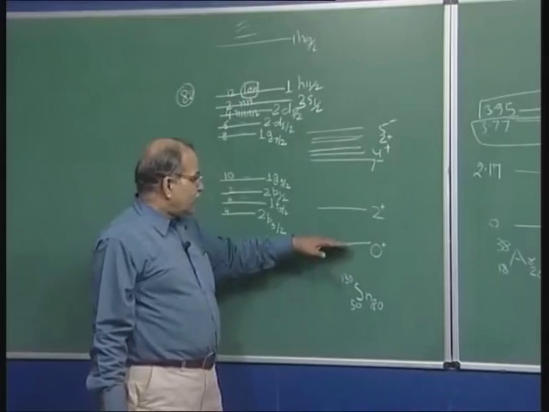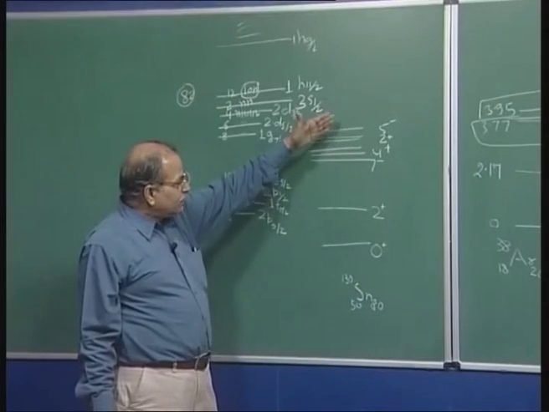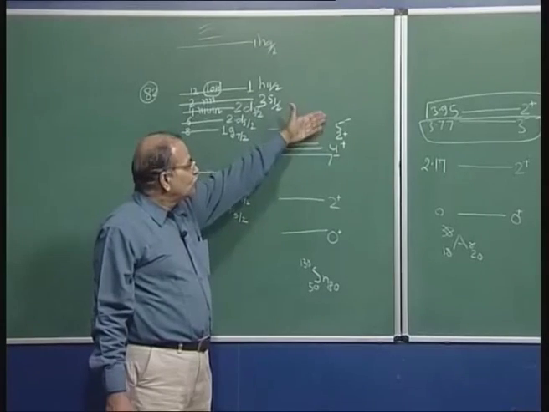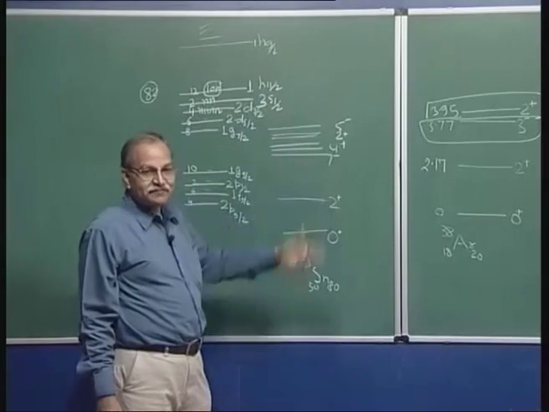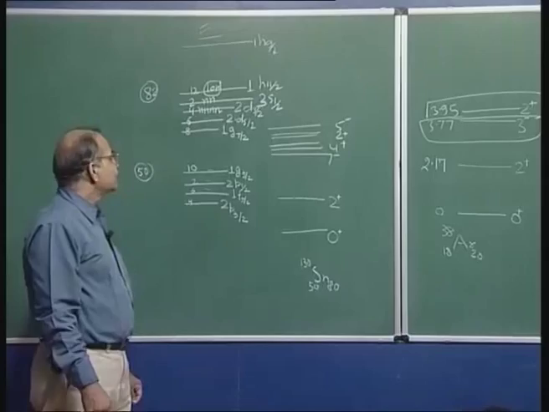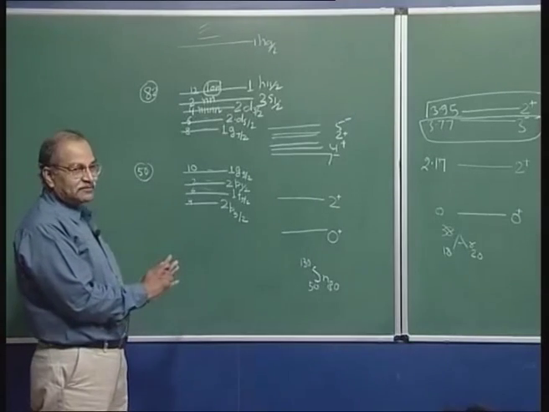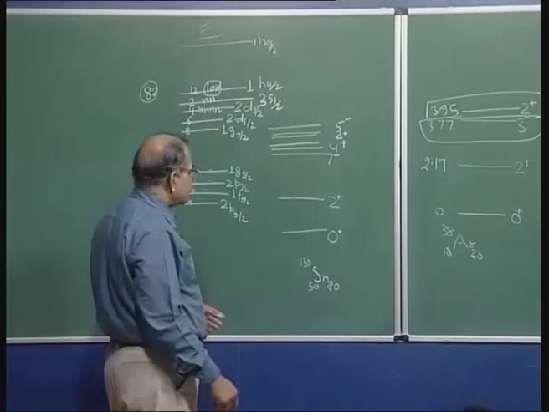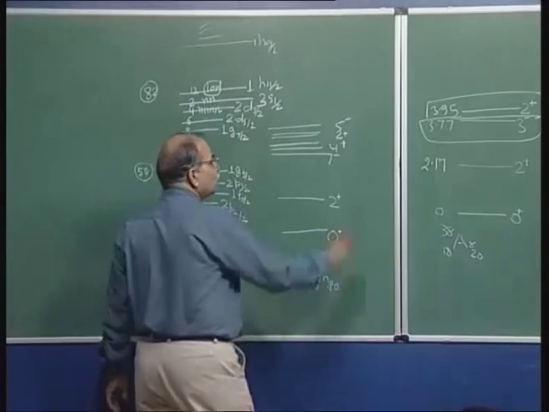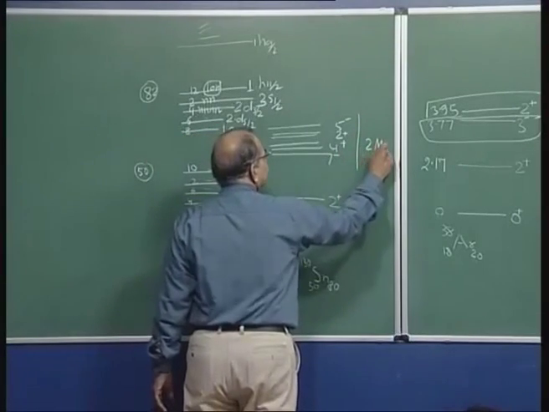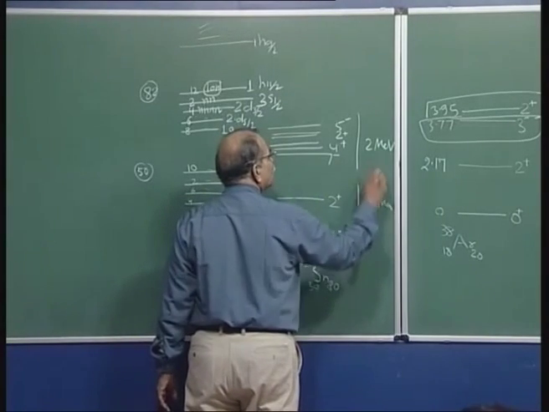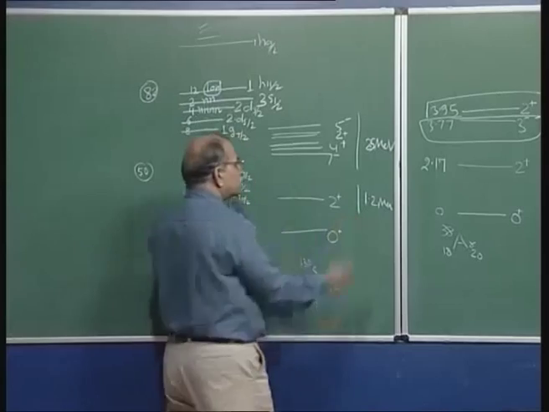And then you have a 2 plus here, and then many minus parity and many plus parity states, 2, 4, 5, 7, many things coming in. So let us try to understand, if energy is given, all these energies that you are seeing are around 2 MeV, and this is around 1.2 MeV, 2 or 2.5 approximately, remember.